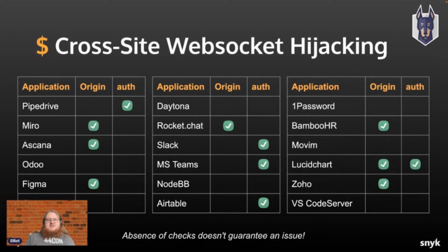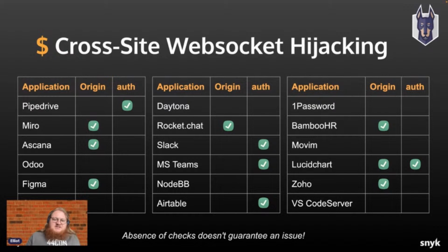So to look at some of the different applications that we examined, this is not the complete list. This is just for illustrative purposes, but this is a subset of the applications that we looked at. And we first checked to see were the WebSockets there? Are they performing the origin or additional authentication checks? And as we can see, some of these were not doing these additional checks.